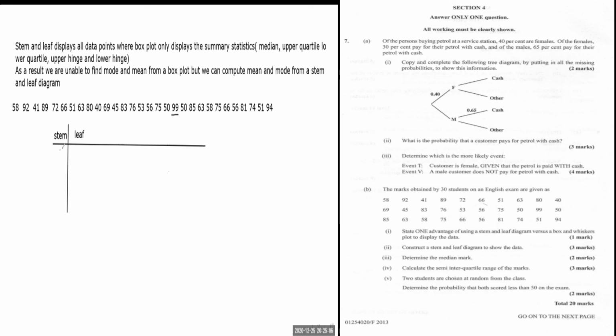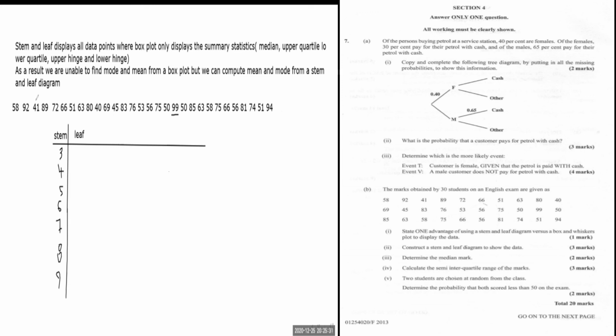Just to be safe, I usually write 3, 4, 5, 6, 7, 8, 9. Is there anyone in the 30s? It's good to do that. No 30s here.